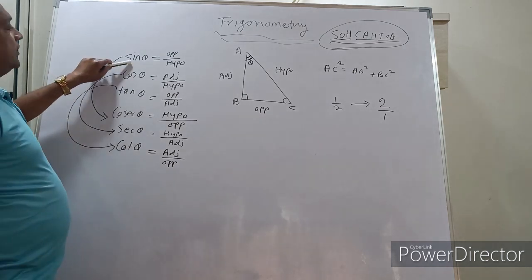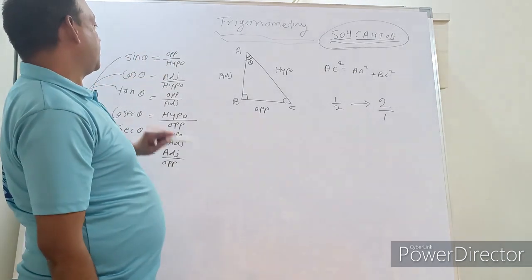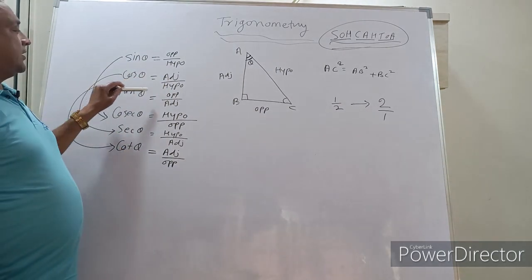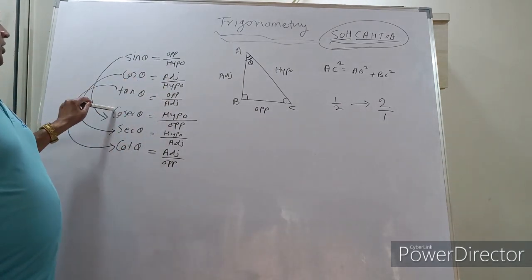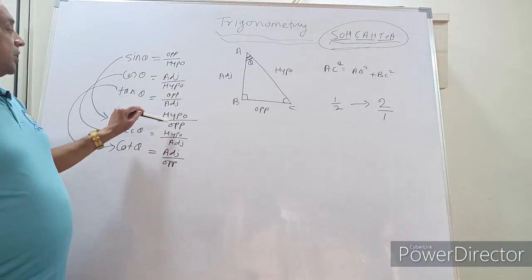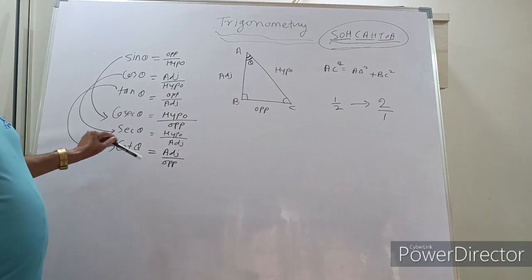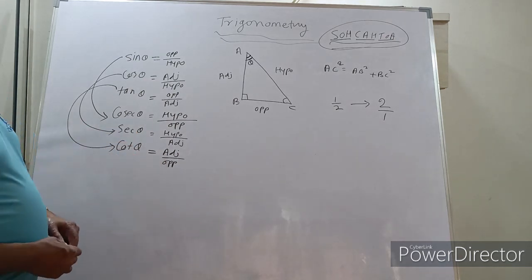So sine is opposite over hypotenuse, cos is adjacent upon hypotenuse, tan is opposite over adjacent, cosec is hypotenuse over opposite, sec is hypotenuse over adjacent, and cot is adjacent over opposite.